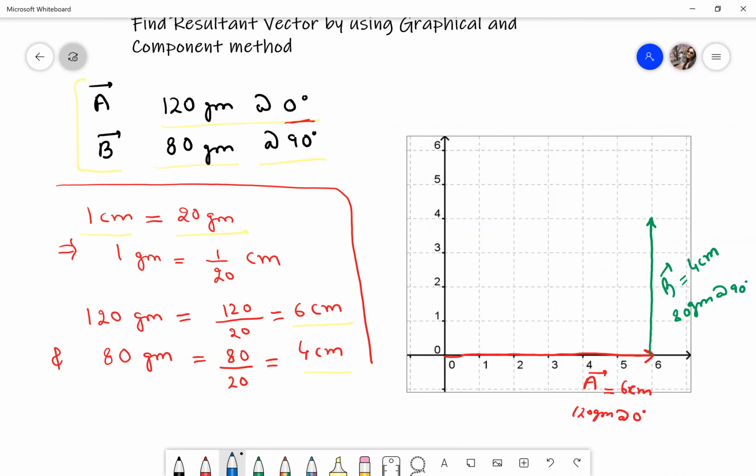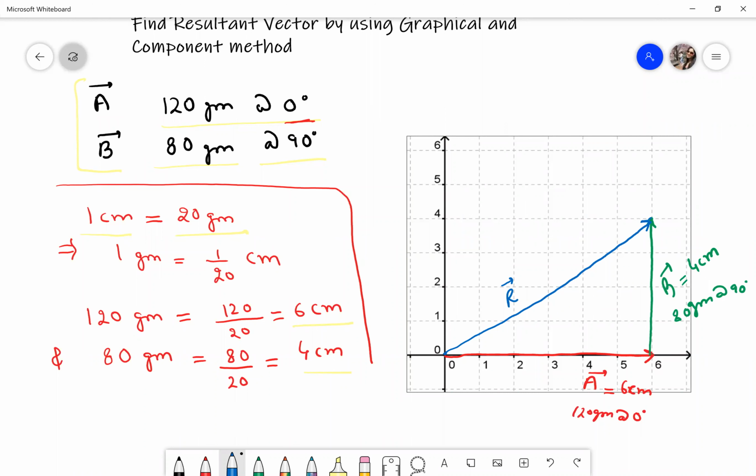Now the final thing is we need to find the resultant from these two vectors. To find the resultant, we need to combine these 2 points. From this point to this point, the closing side of the triangle gives us the resultant of these 2 vectors.